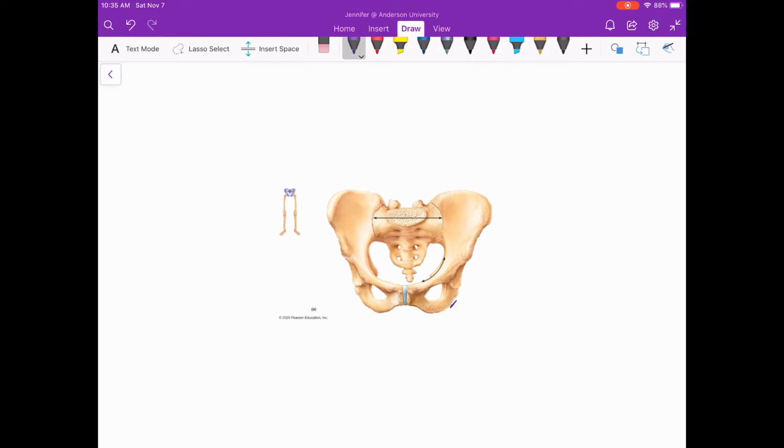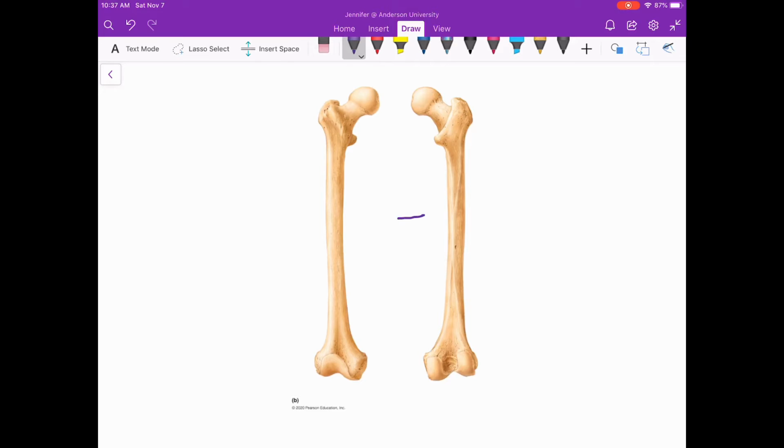Here we have a pelvis, so you can see the area of the pubic rami and the pubic symphysis and the ischial ramus and ischial tuberosity. And then we have the femur, where you can see the linea aspera, as well as the adductor tubercle.